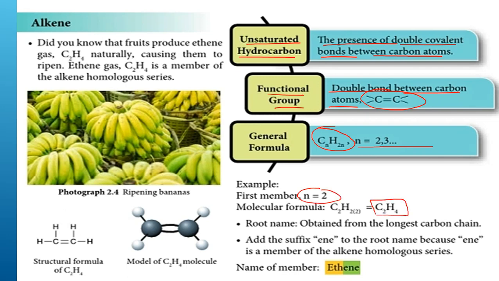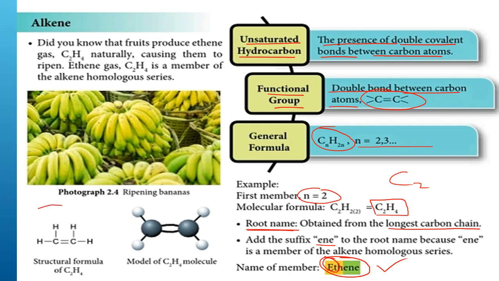The root name is obtained from the longest carbon chain. How many carbons is the longest carbon chain? C2, so 2 carbons. The suffix for alkene is ene, so you add it and you will get ethene.